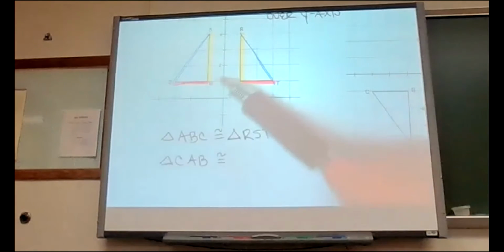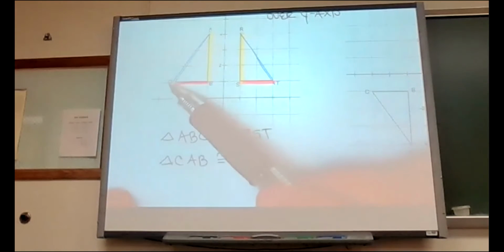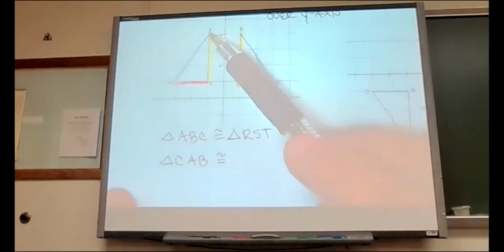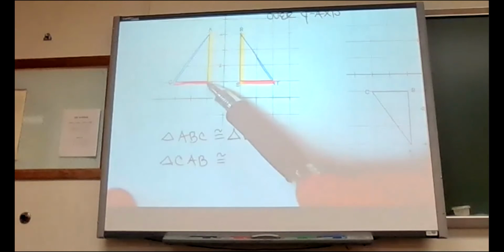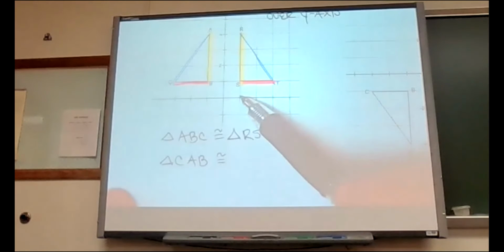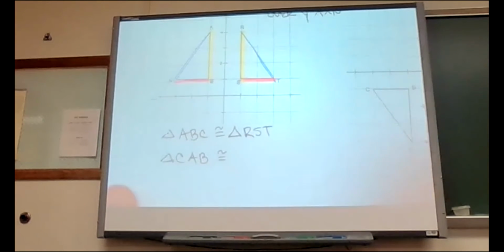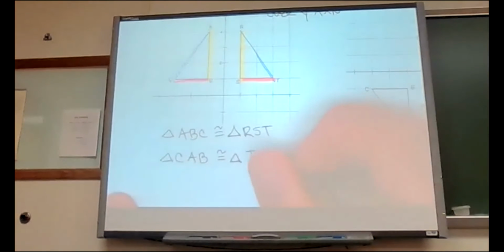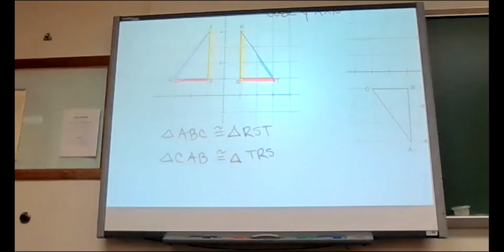The way I think about it, especially with colors up here, is I went up that blue segment and then I went down yellow. So I want to do the same over here, up blue, down yellow. So CAB would be congruent to what triangle? TRS. Okay.